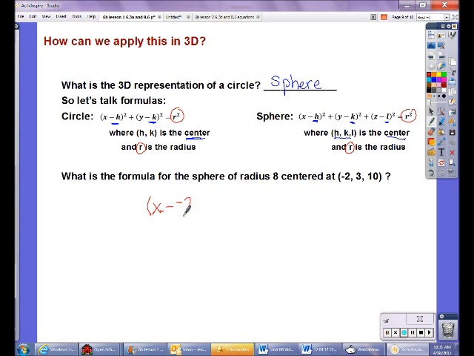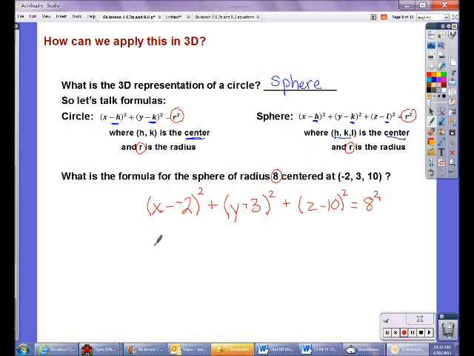X minus -2, square that, plus y minus the y coordinate, 3, plus z minus 10, square that, equals the radius squared.